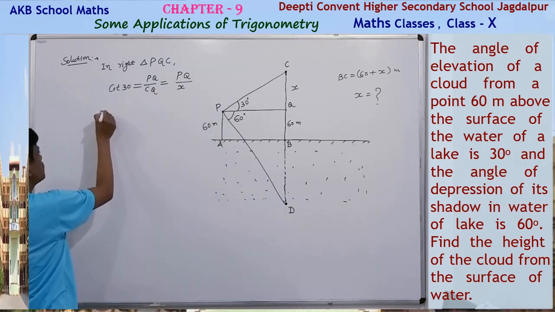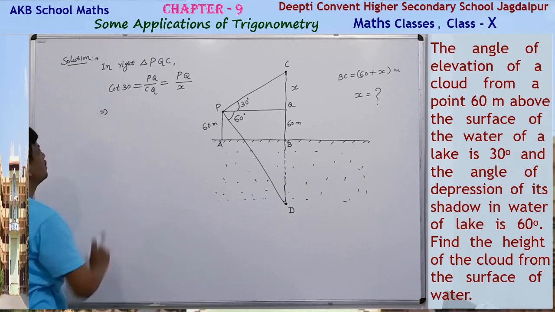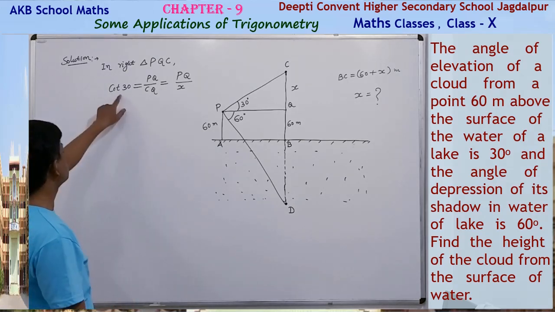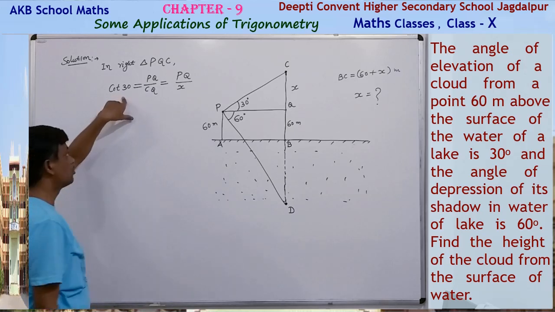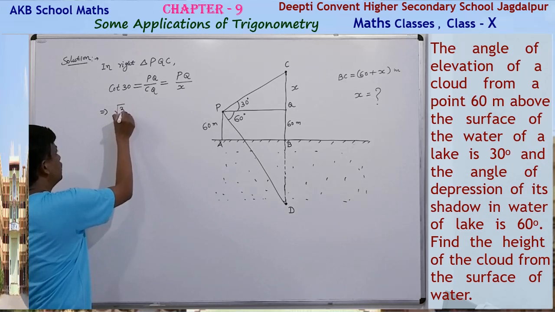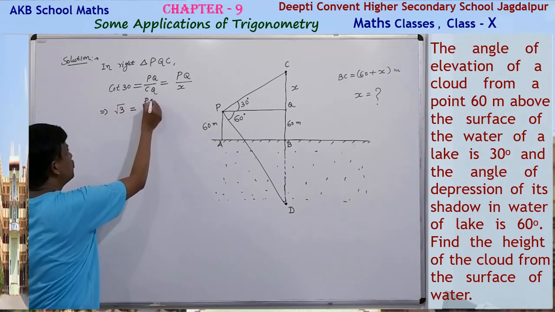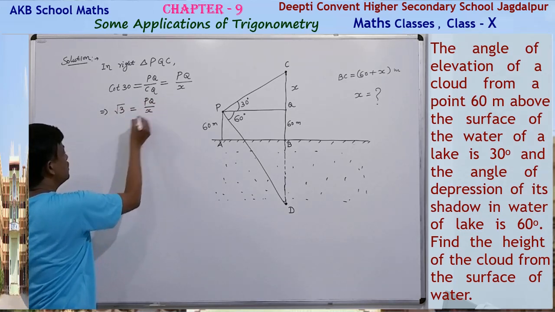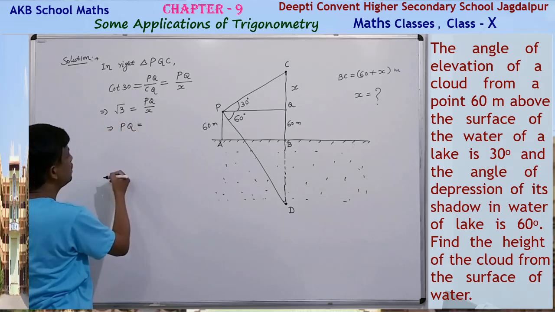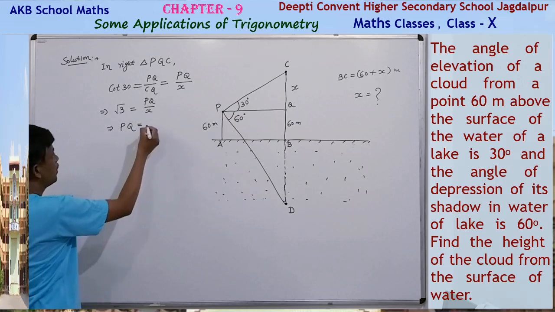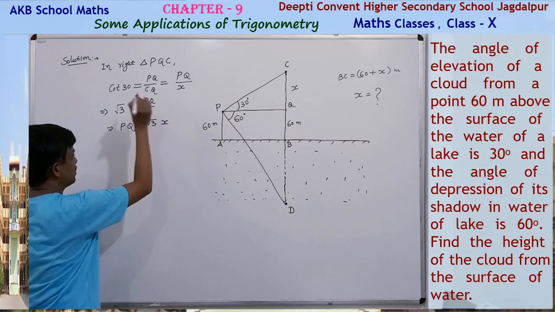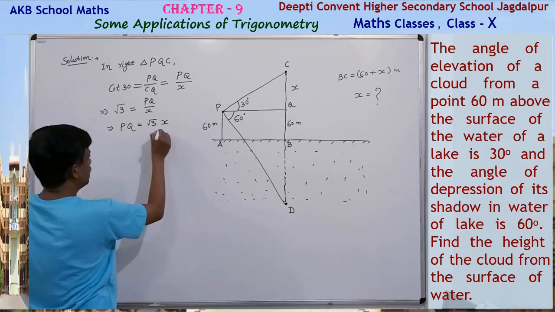And cot 30 means root 3, because tan 30 equals 1 by root 3, so cot 30 equals root 3 equals PQ by x. So from here we get PQ equals root 3 x. Clear? Equation 1.